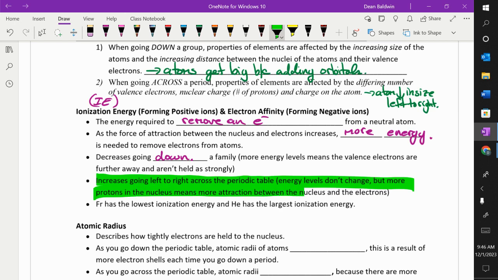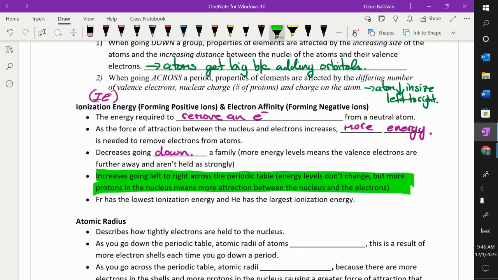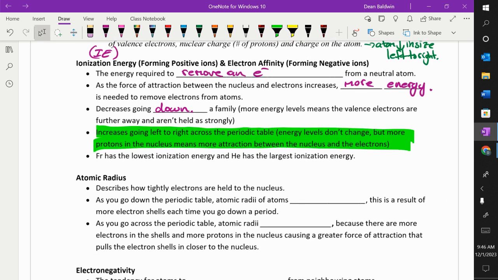More protons in the nucleus means more attraction between the nucleus and the electrons. So the lowest ionization energy for an element is francium. Francium, Fr, has the lowest ionization energy. It's the easiest to rip that electron off.